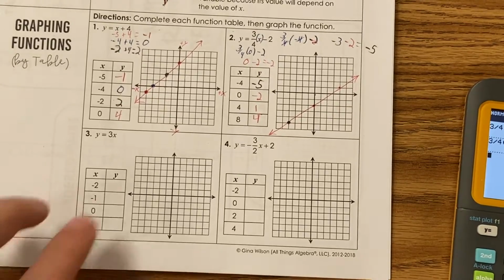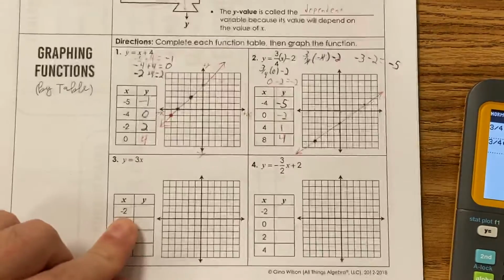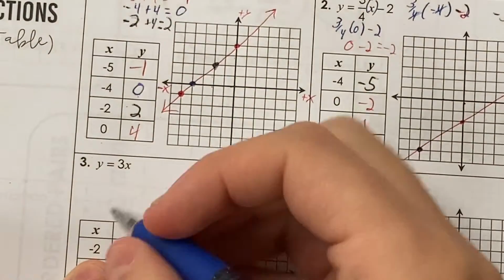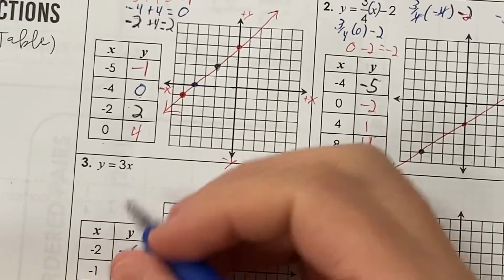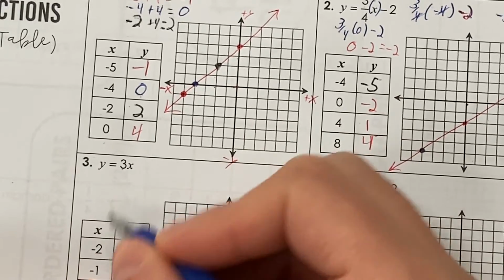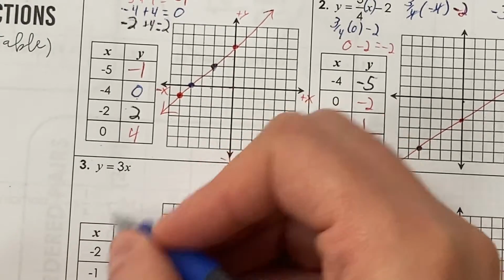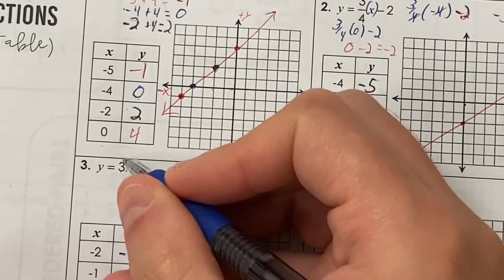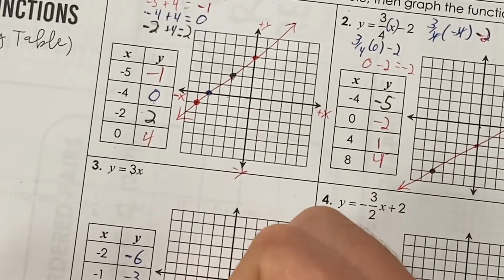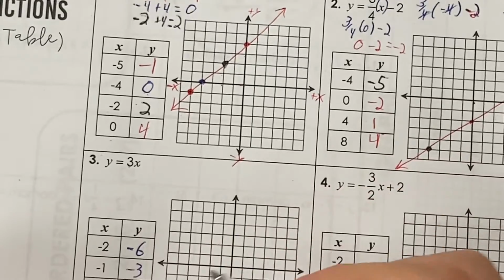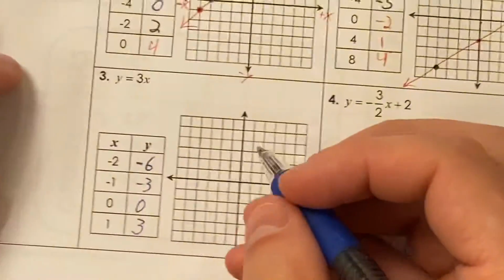All right, this is what should have happened. When you take -2 and multiply it by 3, 3 times -2 is -6. 3 times -1 is -3. 3 times 0 is 0. And 3 times 1 is 3. So if you did not get that, just kind of pause or rewind.